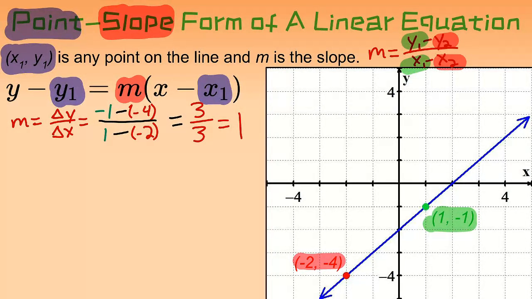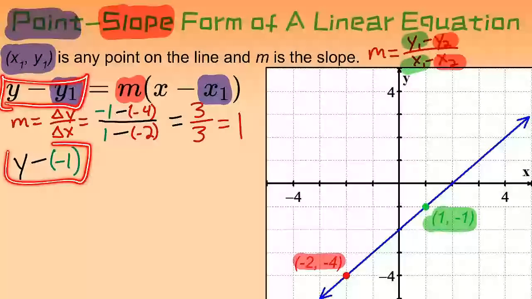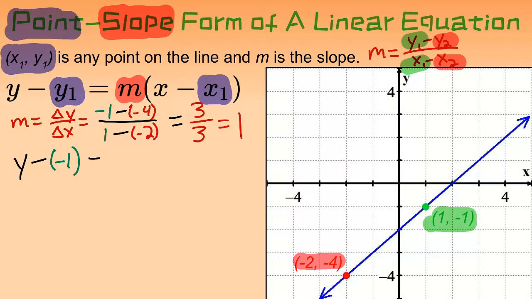Okay, so y minus, in this case, our y1 was the negative 1 there. So I just wrote y minus y1, y minus negative 1, is equal to our slope, which is 1, times the quantity x minus x1, and our x1 is the 1.